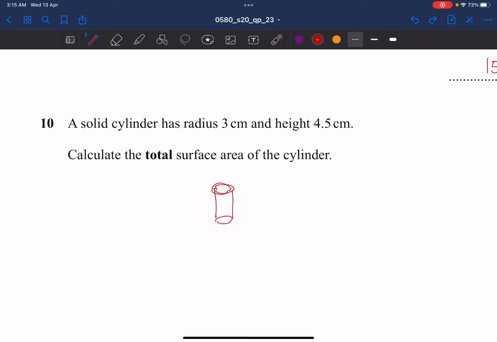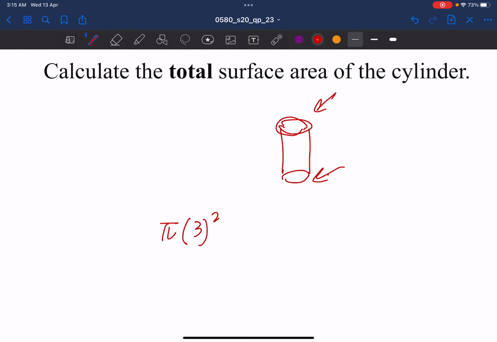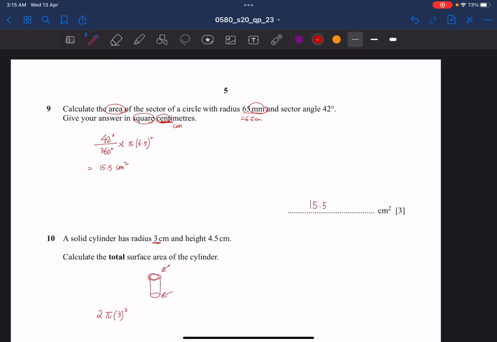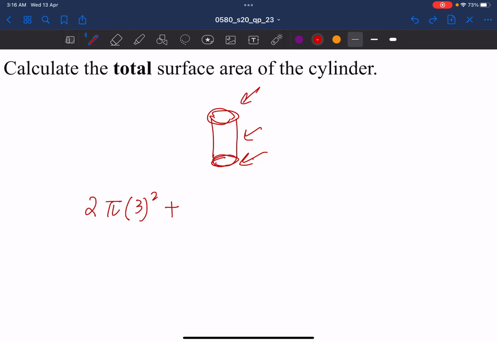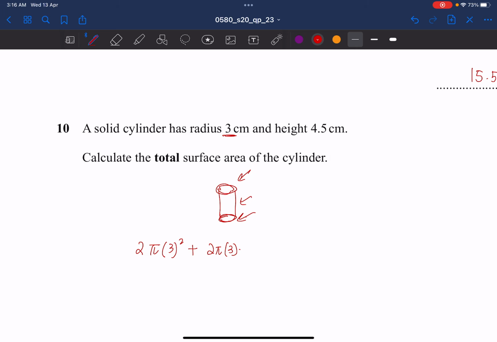For top and bottom we have pi r squared, but we have two, one at the top and one at the bottom, so we have 2 pi r squared, plus the curved surface area, which is 2 pi r, the circumference of the circle, times the height. So it's 2 pi r times the height, which is 4.5.